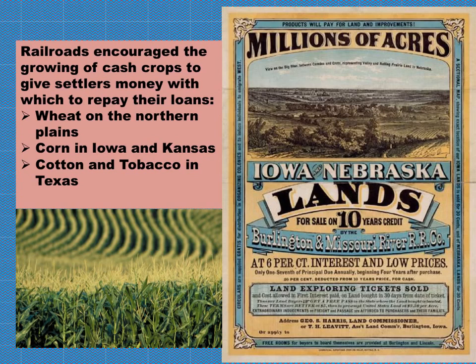This way farmers could grow commodities, cash crops, and earn cash, money, with which to repay the railroads. But this made farmers vulnerable to volatile market forces, and because we're putting all of this land in production, increasing production of commodities, as I've already alluded, this collapsed prices, and it sort of tied these settlers to international markets that were completely beyond their control.